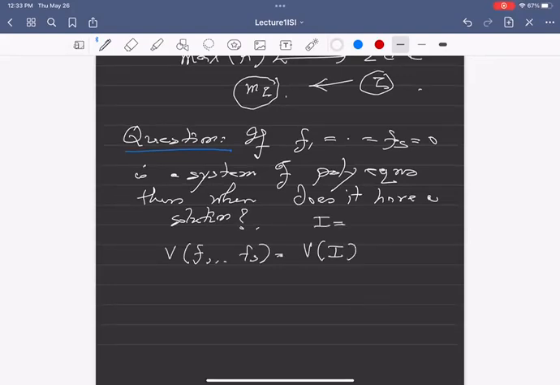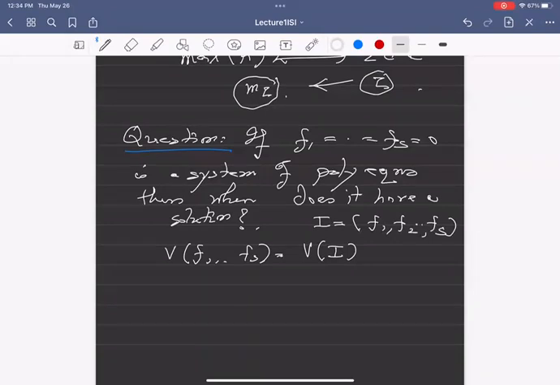That ideal has infinitely many polynomials, so I can talk about the common set of solutions of infinitely many polynomials also. The common set of solutions of finitely many polynomials is the common set of solutions of the infinitely many polynomials which belong to the ideal. I want to understand when it is non-empty.